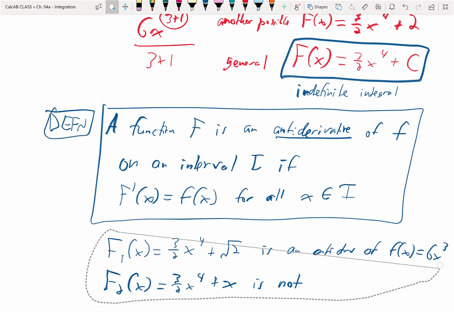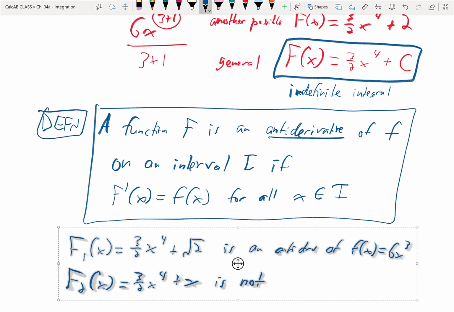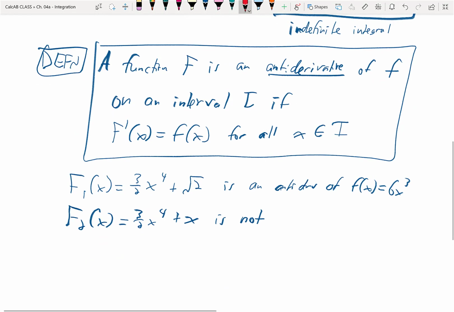Let's slide this to the left. Do you see why not? Yeah, the derivative of x is 1. So this derivative would be 6x cubed plus 1, and that's not the same as 6x cubed.